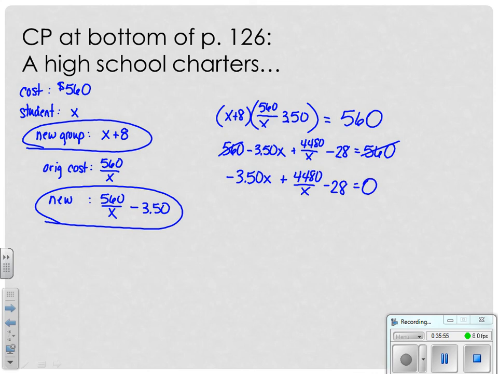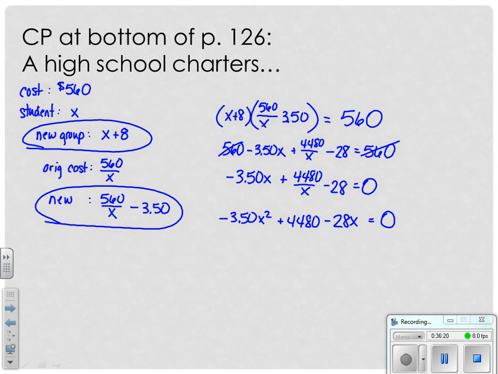That x is in the denominator. In order to get it out of the denominator, I can multiply everything in my equation by x. So that's going to make negative 3.50x squared. This will now just be 4480 minus 28x, and 0 times x is still just 0.